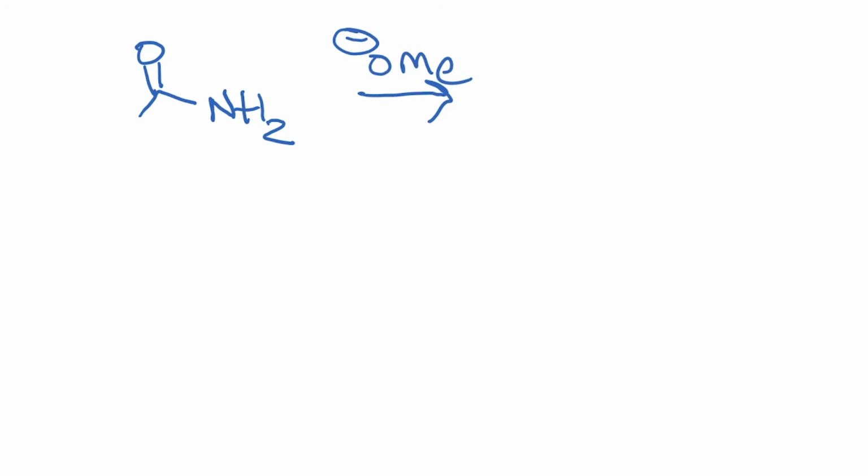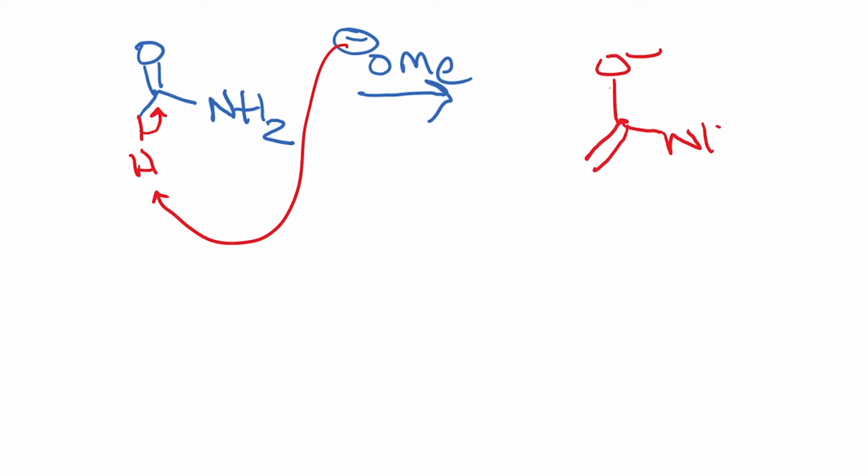The methoxide can again do a couple of things. This is indeed a proton that can be picked up, and you can generate the enolate, as we are quite familiar with.